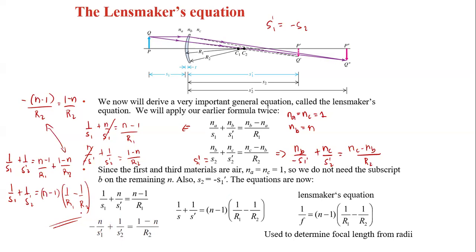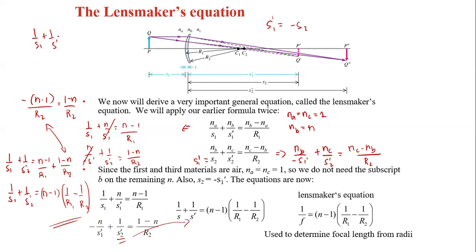So the relationship, since previously we derived that 1 over S1 plus 1 over S prime, since we treat the lens as a single unit, we can equate this one as just equal to this one.